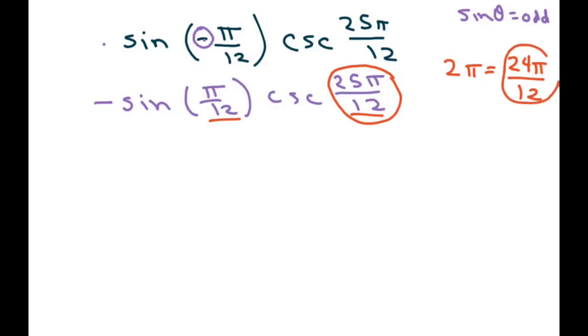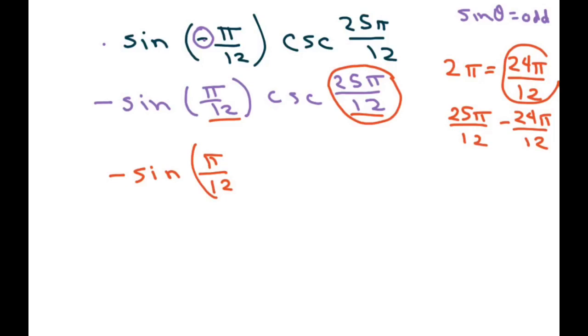So I'm going to subtract 24 pi over 12 from the 25 pi over 12. And that's going to give me 1 pi over 12. So now we have both of our angles the same.